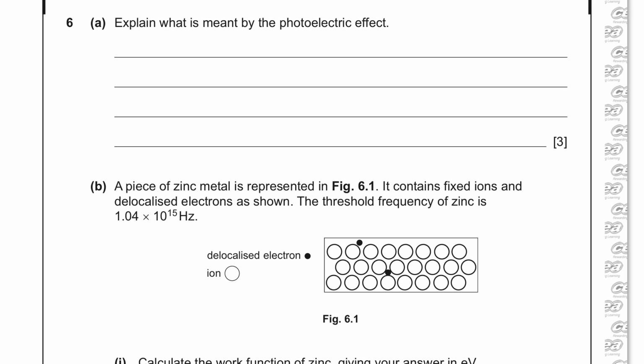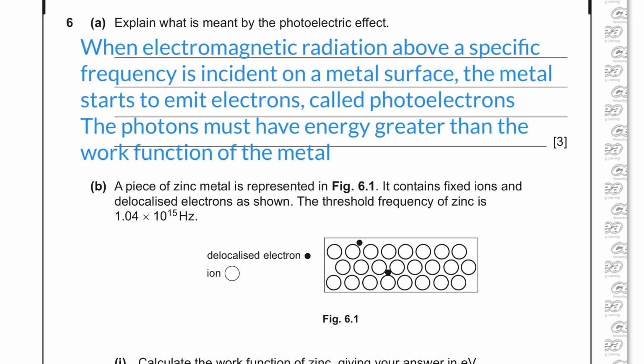And the energy in the electromagnetic radiation, light usually, needs to be above a certain frequency for this to happen. And below the specific threshold frequency, nothing happens. They don't emit any photoelectrons. So something along those lines.